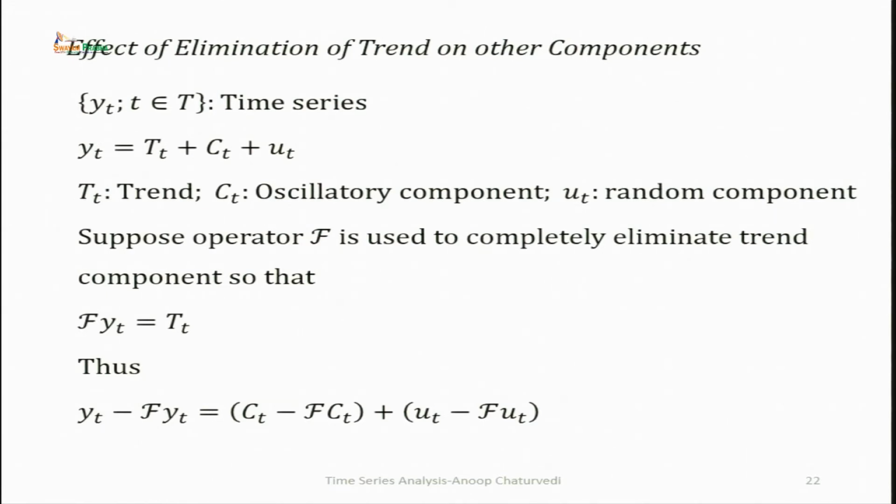And suppose operator f is used to completely eliminate the trend component, so that f y t is equal to T t. So, y t minus f y t is equal to C t minus f c t plus U t minus f u t.